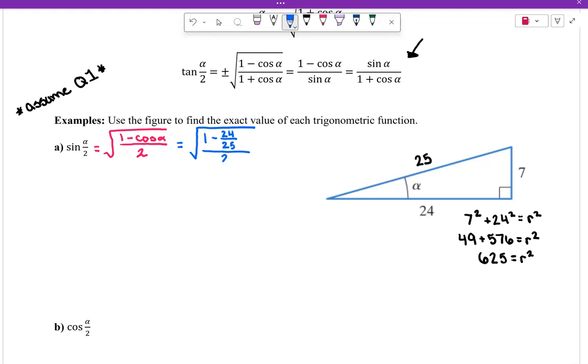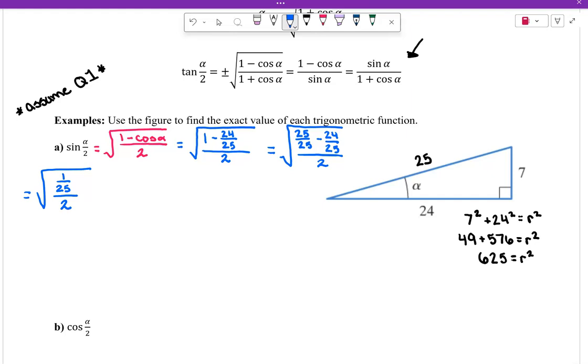And all of this is divisible by 2. So remember, we talked about whatever that denominator is, you can change that to be the 1. So that's going to be 25 over 25 minus 24 over 25 divided by 2. So that means we get 1 over 25, and that's divisible by 2.